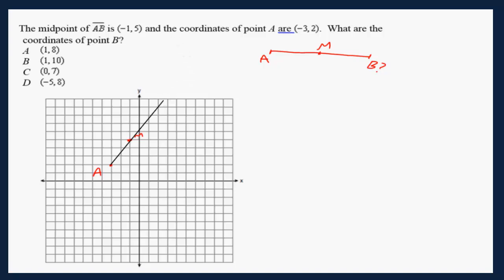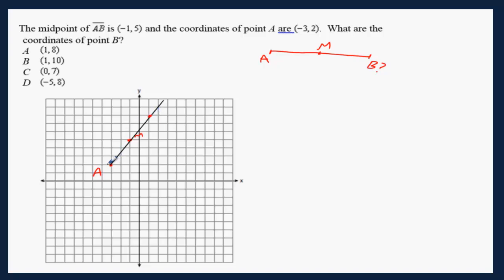I'm just extending it here. Let's look at the distance from here to here, and try to estimate the same thing on the other side. It's not really accurate, but it seems like here. Why?